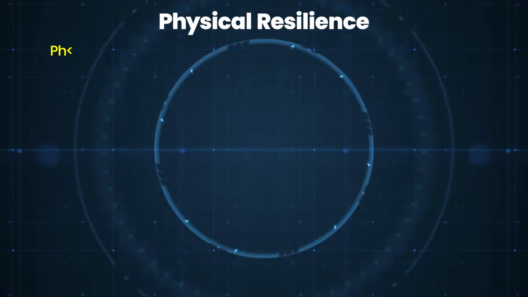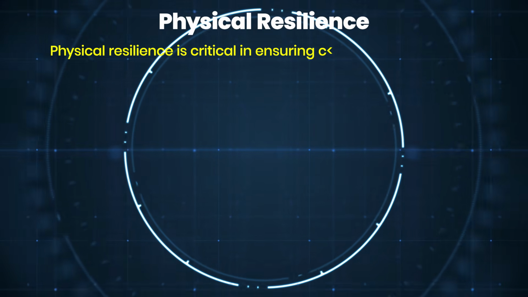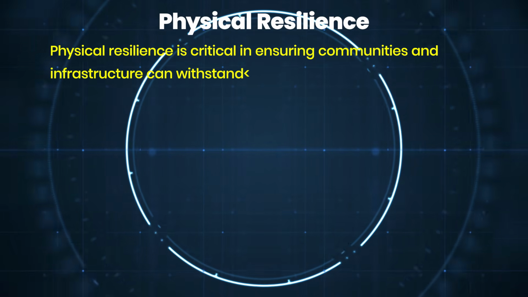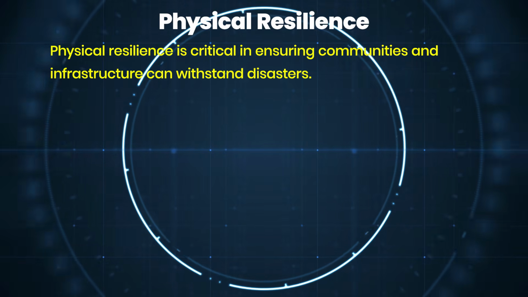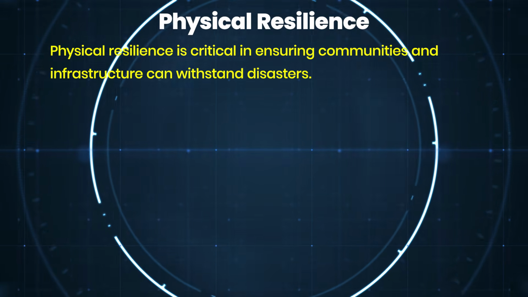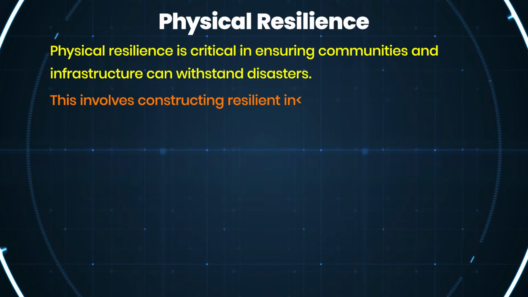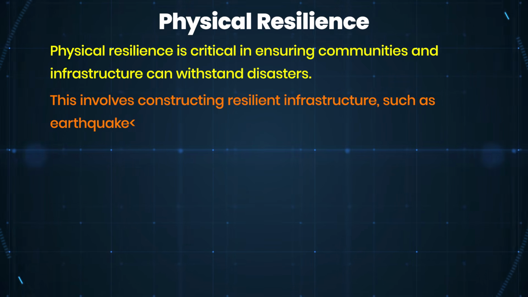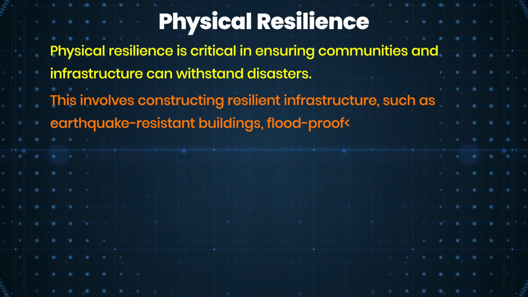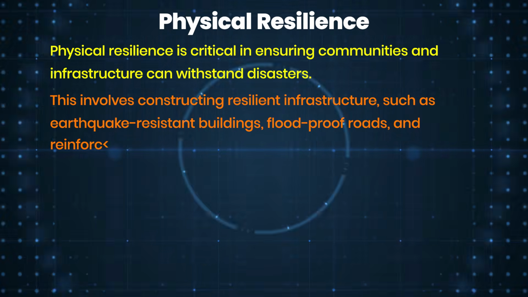Physical resilience. Physical resilience is critical in ensuring communities and infrastructure can withstand adversities and disasters or the hazards. This involves constructing resilient infrastructure such as earthquake resilient buildings, flood proof roads and reinforced bridges.